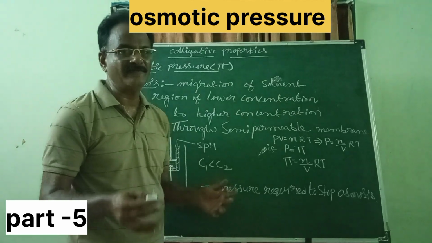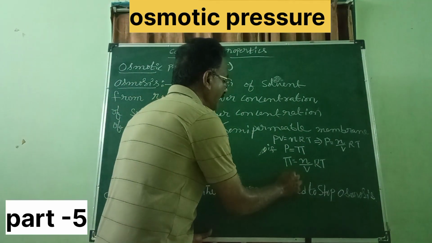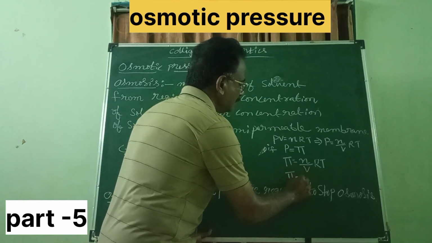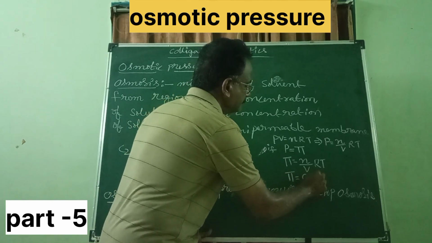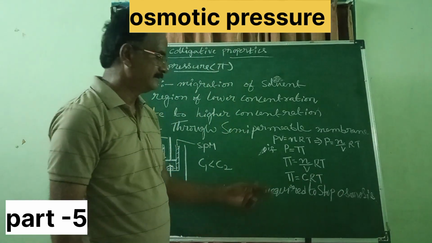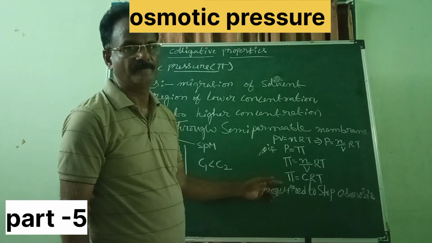Being n by V means concentration, this equation can be written as pi is equal to CRT. This is the equation for osmotic pressure.